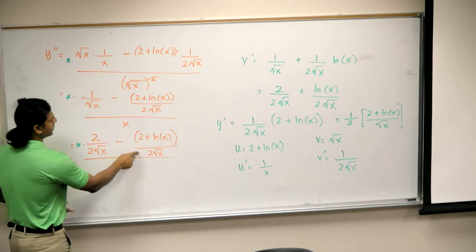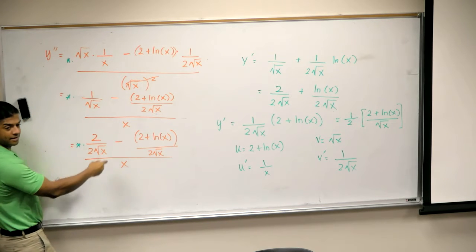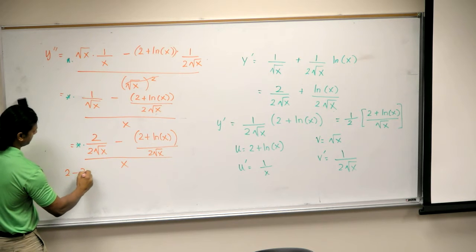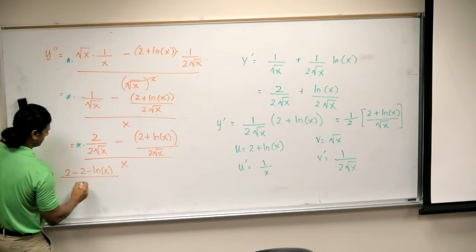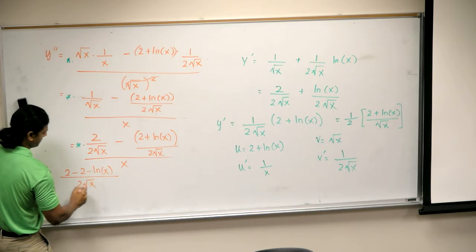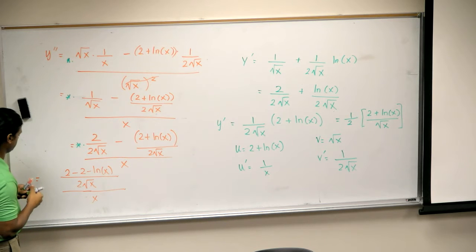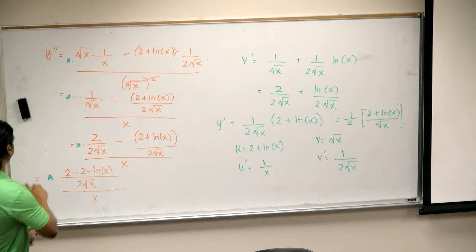So I have a common denominator in the numerator, so I can combine those two. Star is for that 1/2.